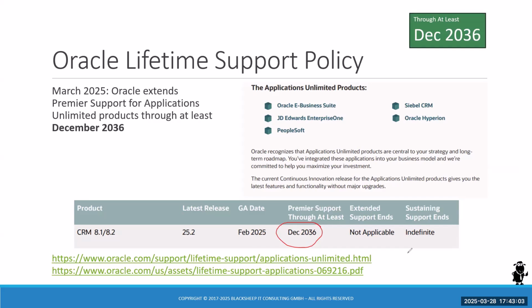The text that you can read there is very legalese. But still, it's a good sign for the whole Applications Unlimited family, not just Siebel, to have that extension every year like clockwork. It just boosts the confidence in Siebel, right?